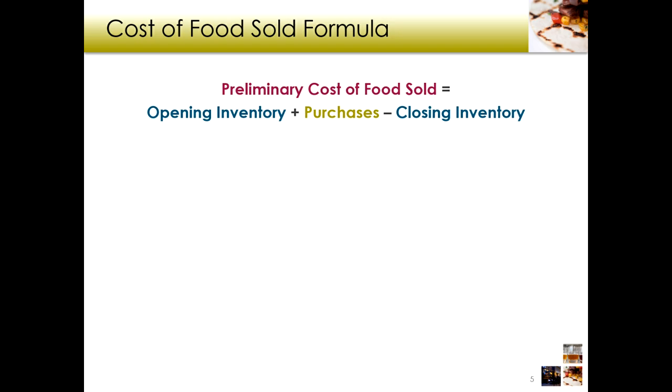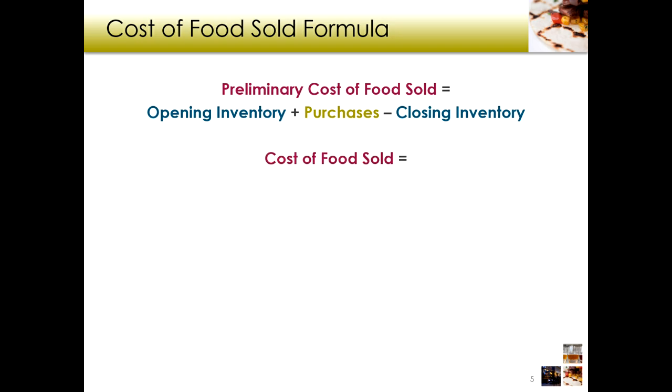So that needs to come out of our purchases, right? So this formula up here allows us to take that into account. Our opening inventory, plus all the stuff we bought throughout the month, minus what was left, gives us the amount that we actually consumed to generate our food sales, right?